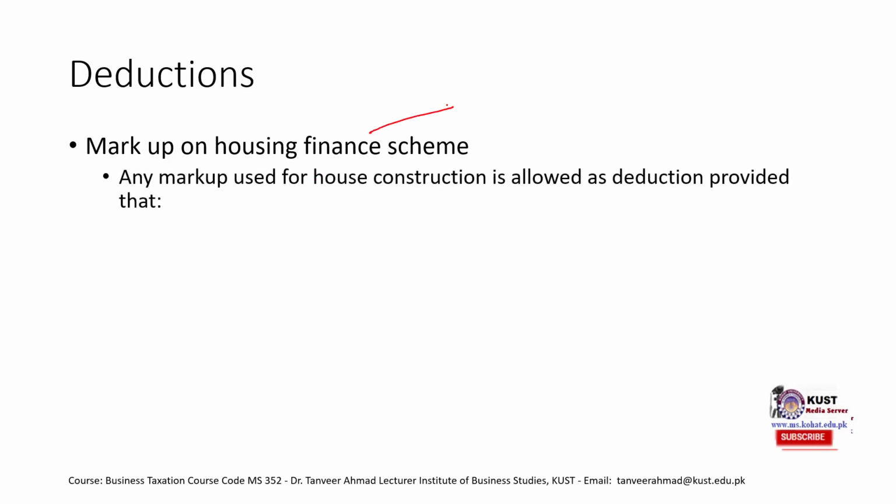So most of the time, government encourages construction of housing, because construction of housing brings employment, and it brings economic growth, because then a lot of sectors would be involved. For example, if we are building a house, then the cement sector would also be involved.